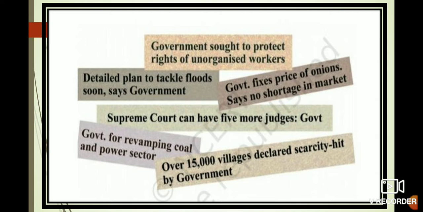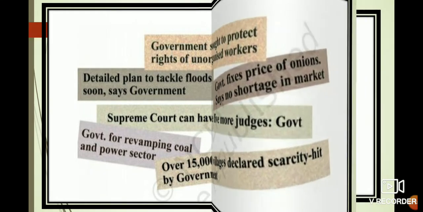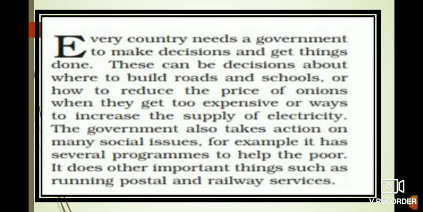Government ramping up coal for the power sector. Over 15,000 villages declared scarcity hit by government. So who is government and who gave the authority to the government to decide all such things for the people? This is what we are going to learn in this chapter. Now, let's start the chapter.